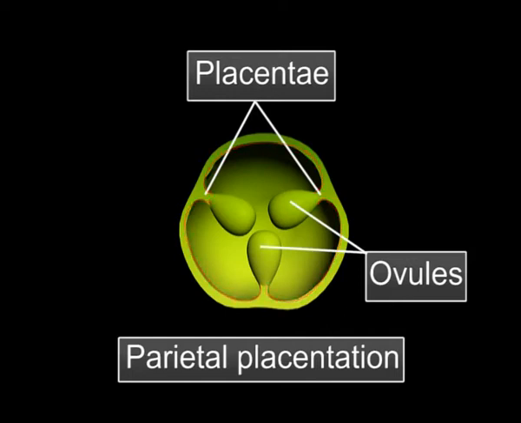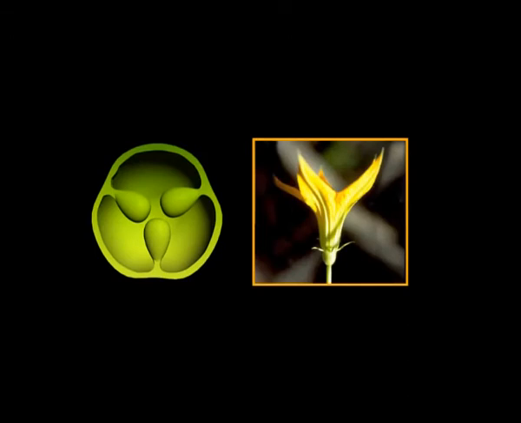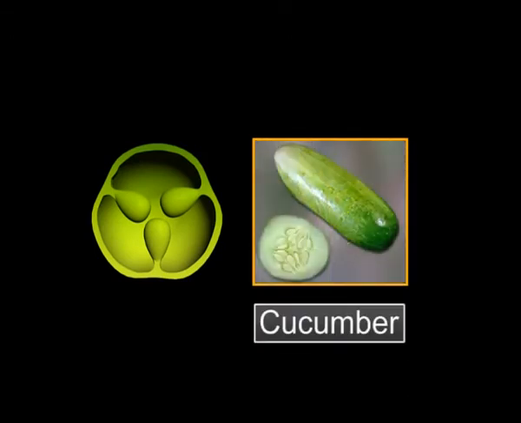The placenta bearing the ovules develop by swelling and fusion of adjacent margins of the carpel. The placentae thus appear as internal ridges on the ovary wall as found in cucumber.